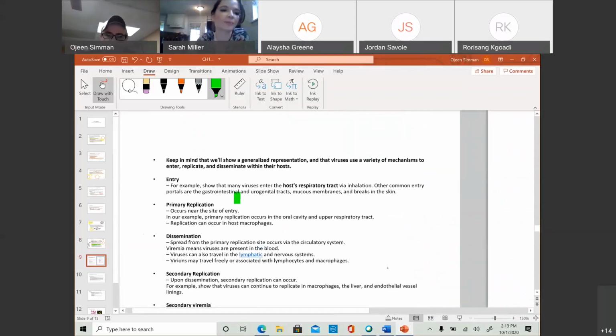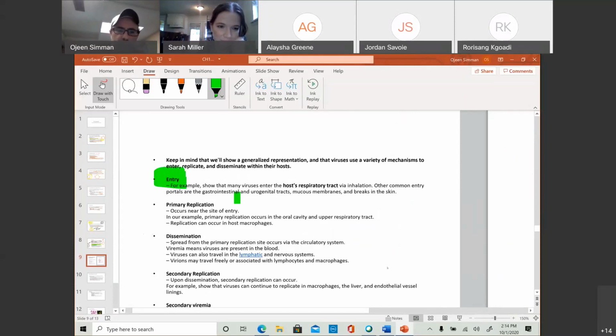So again, we were talking about how viruses can invade and enter a host cell. Obviously, in order for viruses to invade a host cell, they need a route of entry.